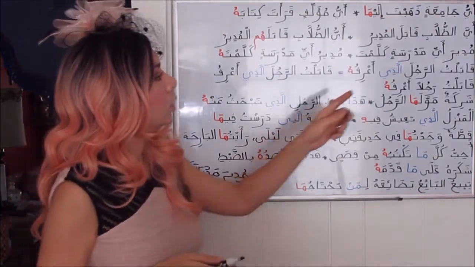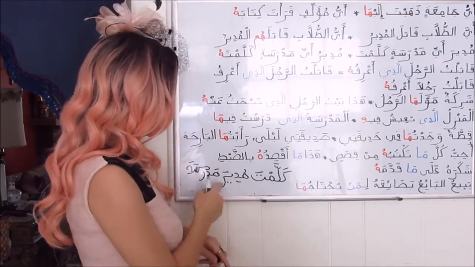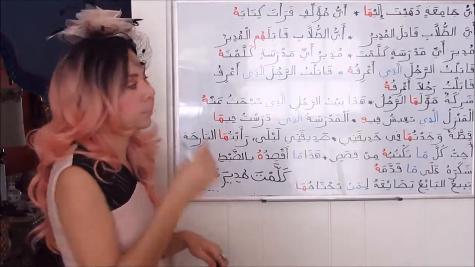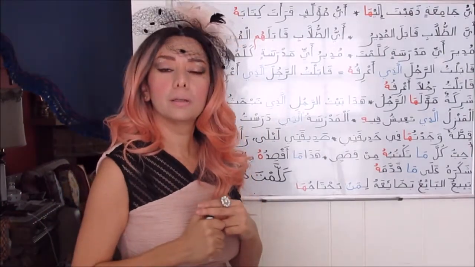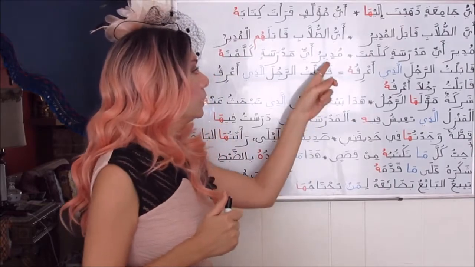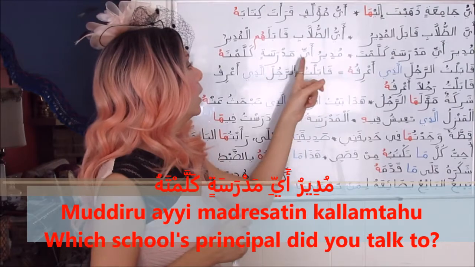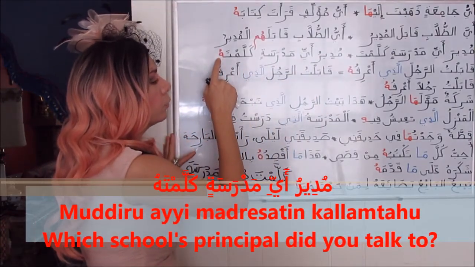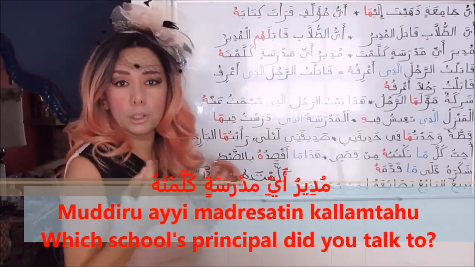So which school's principal did you talk to? So I talked to the whatever school's principal. Here the same question but with a different case. مدير, this time مدير أي مدرسة كلمته. Who is referring to the school's principal, and مدير is singular masculine.